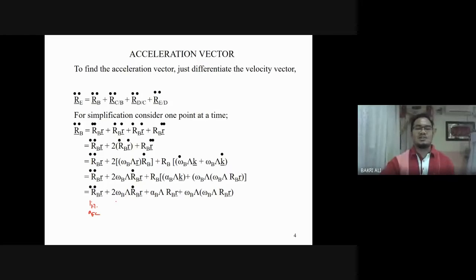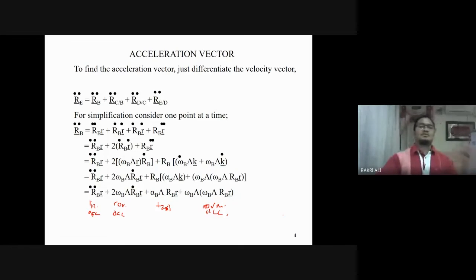This Coriolis acceleration only exists if the rigid body is extended or retracted while it is rotating. And alpha cross r_B r is the tangential acceleration, and omega cross omega cross r is the normal acceleration.